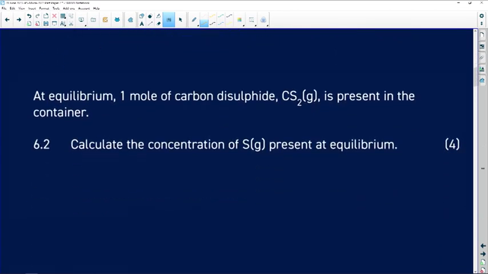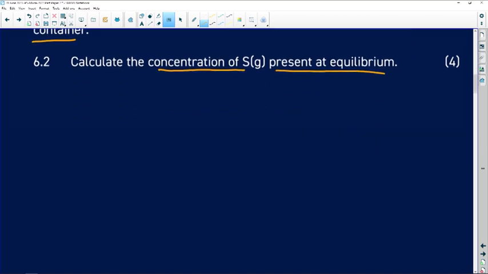At equilibrium, 1 mole of carbon disulfide, which is CS2, is present in the container. So we are given 1 mole. We are told to calculate the concentration of sulfur present at equilibrium. So what do we have here? We have our Kc.